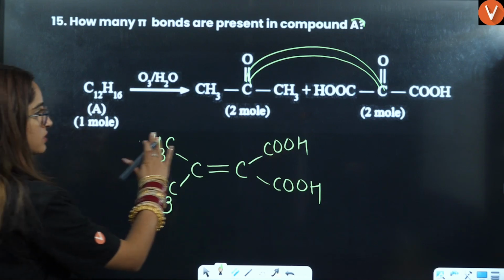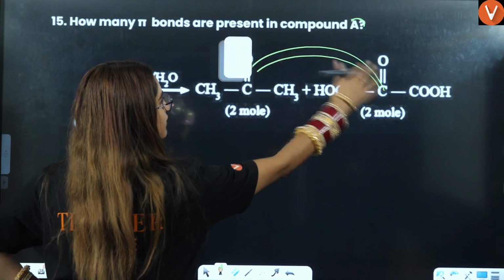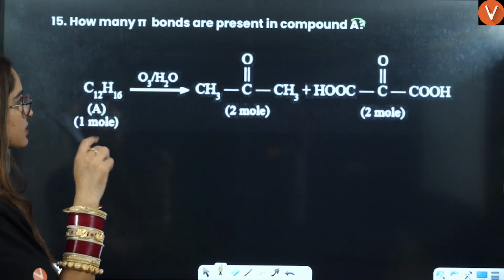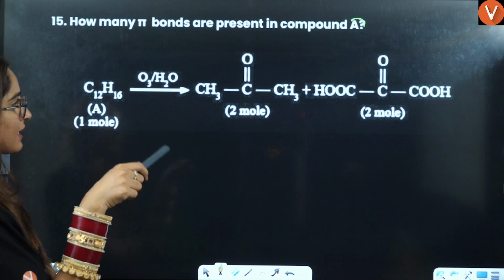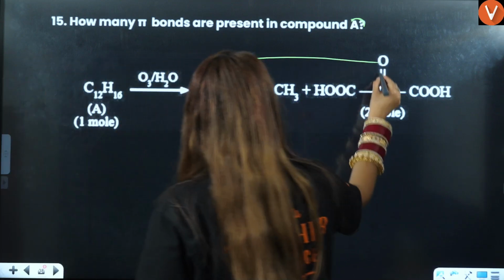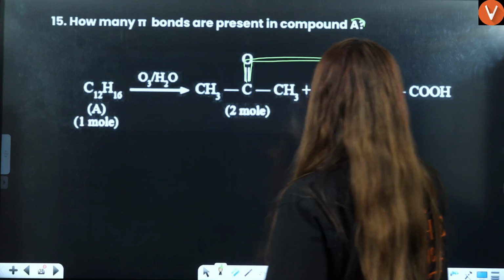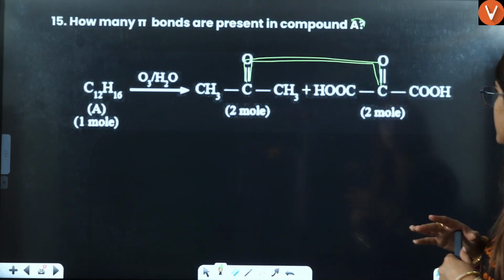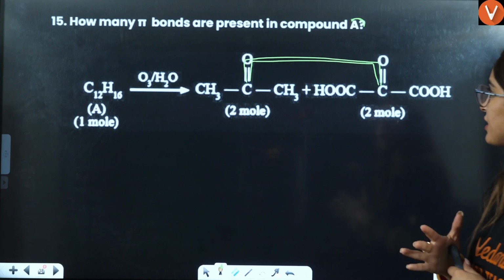Wait a minute. Let's apply some other strategy here. This is CH3, C double bond O, CH3. So this is the one bond with this one. This we have formed already, right? Okay. So already it has attached. Achha. So we can't differentiate that now.